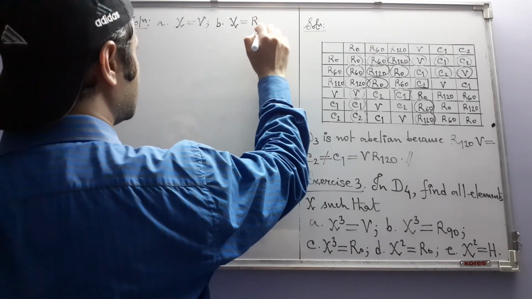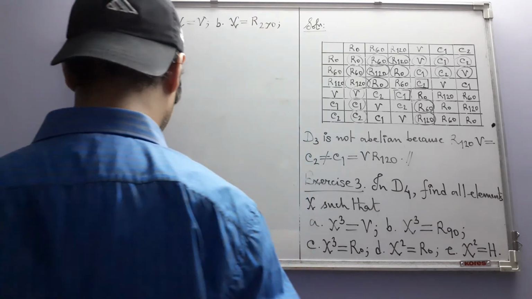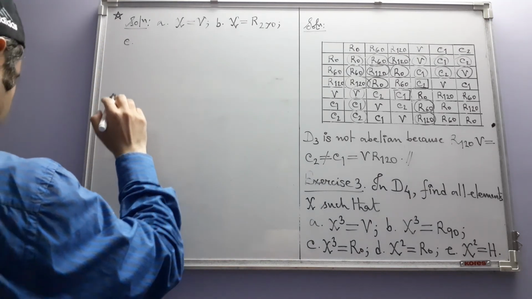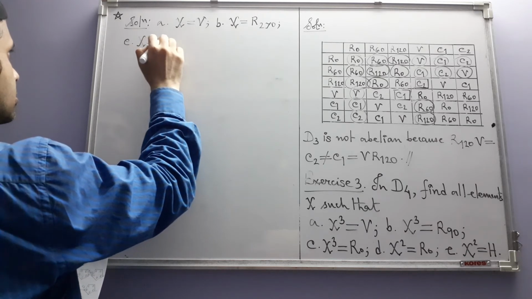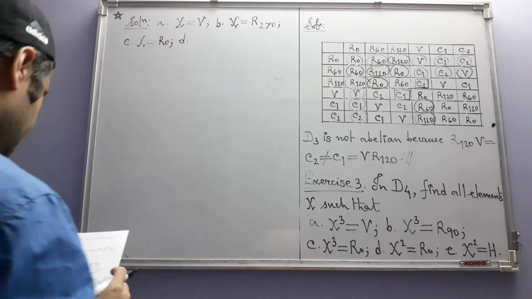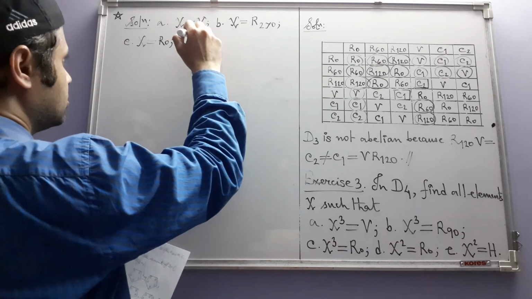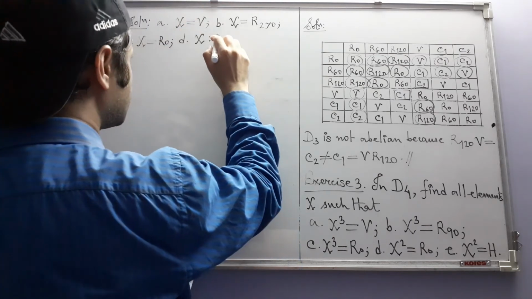No, not 120, sorry, 270. For C, x is just R naught. For D, x has many possibilities.